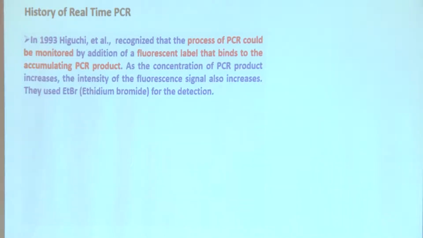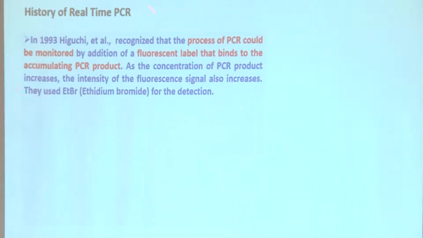That means, from the start of the experiment to the end of your electrophoresis, it may be around 4 to 6 hours time gap, just to know whether the amplification took place or not. But in real time PCR, right from the first cycle, you have an option to see whether the amplification is happening or not. That is the beauty of it.